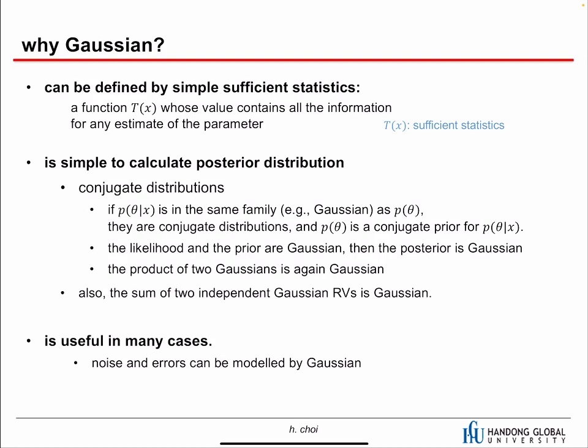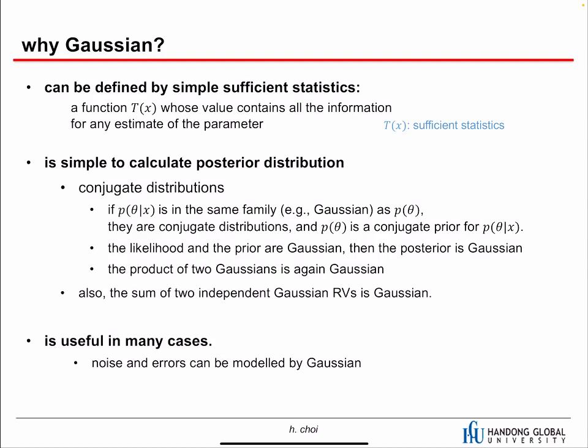So first, Gaussian distribution can be defined by simple sufficient statistics. In the previous slide, I said Gaussian is defined by a mean and the variance. Then this mean and variance can be estimated by some statistics. Sample average can estimate the parameter mean, and sample variance can estimate the parameter variance.